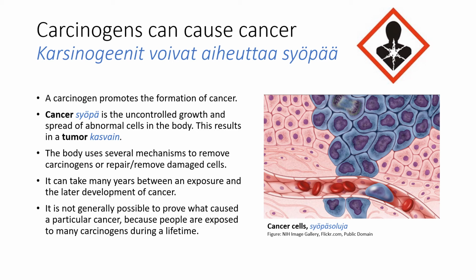Some of them may lead to cancer after only a very small exposure, while others might require intense exposure over many years. So, coming into contact with a carcinogen does not mean you will get cancer. It depends on what you were exposed to, how often you were exposed, how much you were exposed to, and so on.